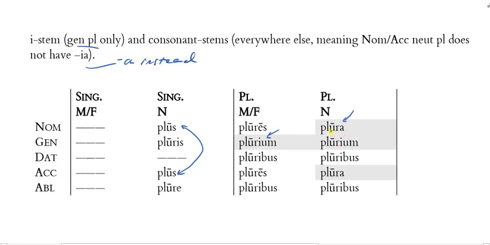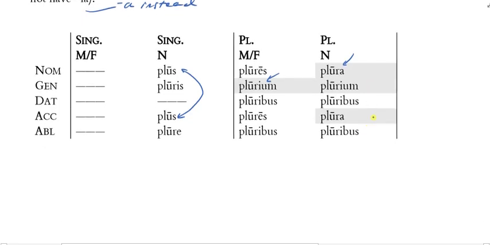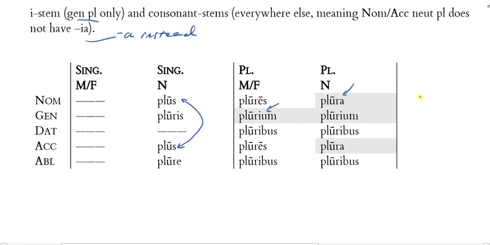Okay, so for neuter plural, plura, genitive plural, plurium, dative plural, pluribus, accusative plural, plura, again, back to the same as the nominative as neuters do, and then ablative plural, pluribus. So there are your irregular comparative and superlatives.